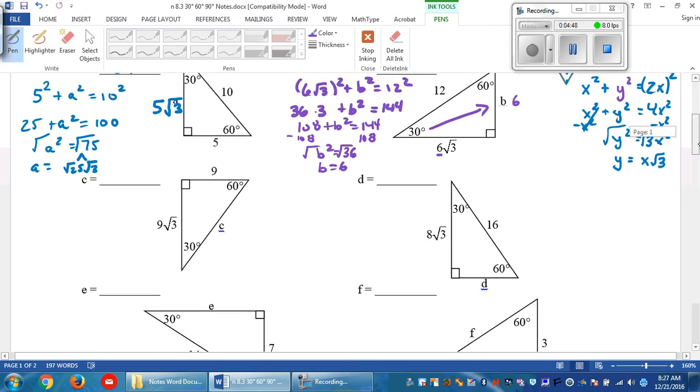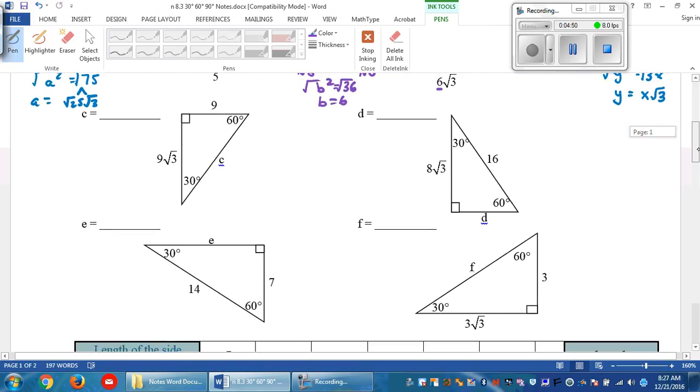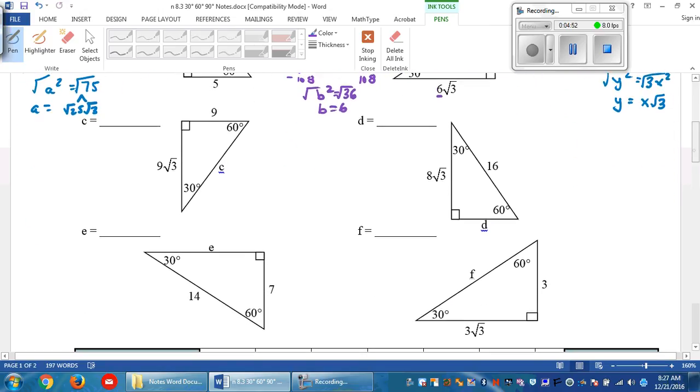So if we do that pattern, let's look at these other questions here. So across from the 30, what did we say? This was the x side. So instead of doing Pythagorean Theorem, we can look at it and say, if that's the x side, this side has to be the 2x side. So if I double 9, I get 18 for my answer.